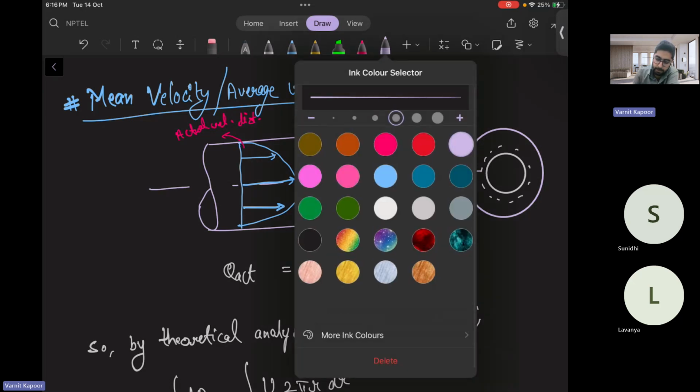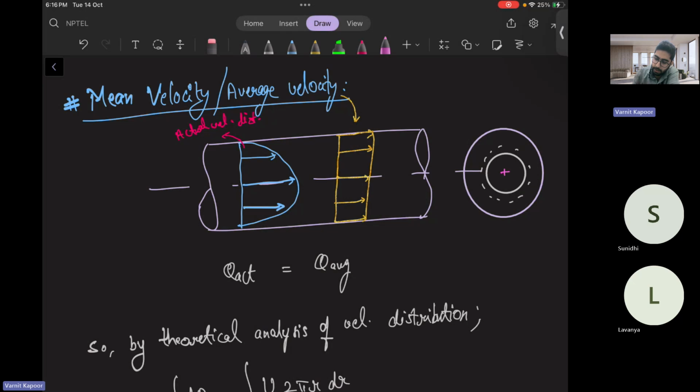Let us suppose this is r and this thickness is dr.